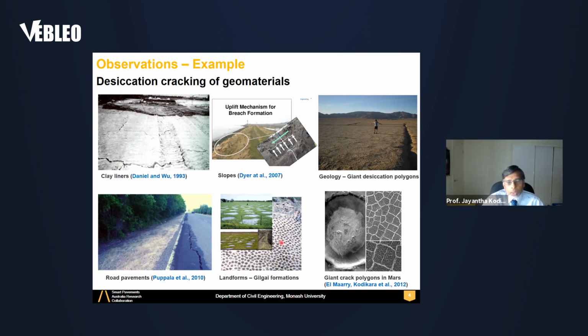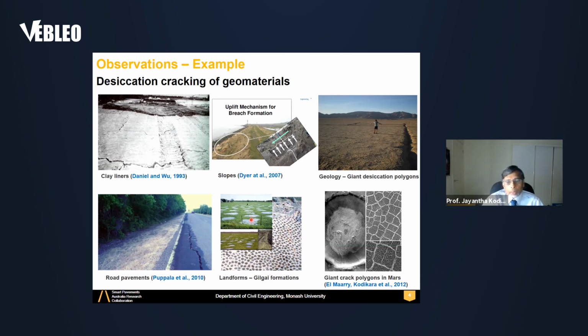Bottom middle, you see so-called Gilgai formations. When you have land cleared for agriculture and you leave it for a period of time, and it undergoes wetting and drying, eventually it can create these landforms, with depressions in the black areas.